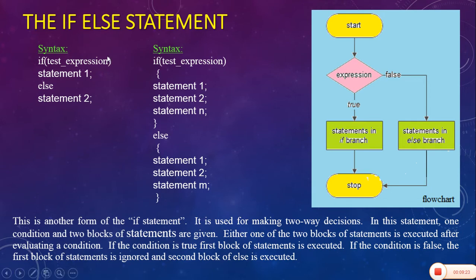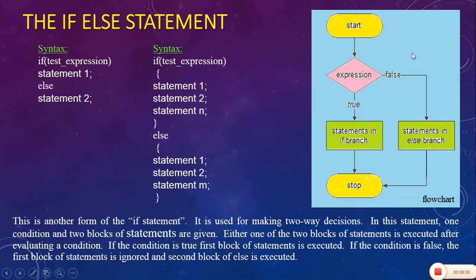But if this test expression is false, it will move the control towards else, and these statements 1, 2 and m will be executed, while 1, 2 and n will be skipped or ignored. So if the test expression is true, these statements will be executed, and if the test expression is false, the else block, the block created with a number of statements within the curly brackets, will be executed.